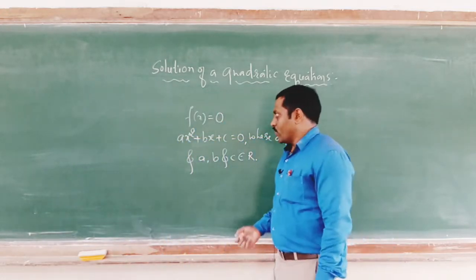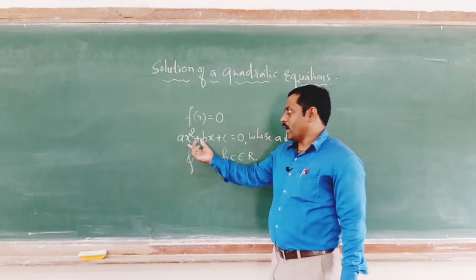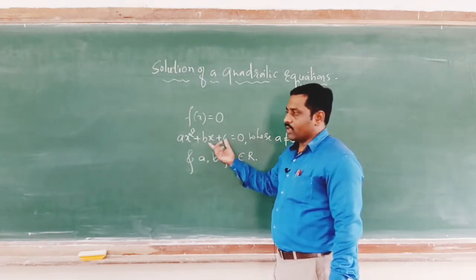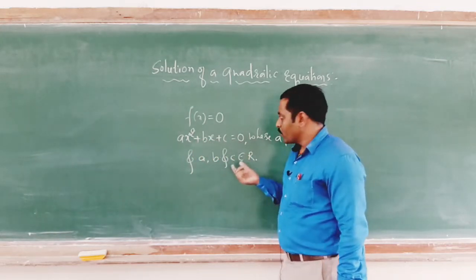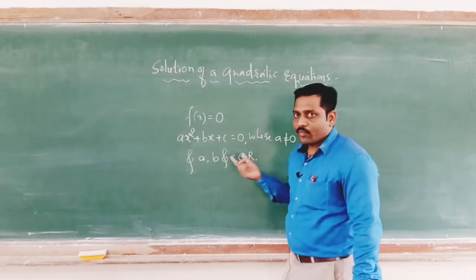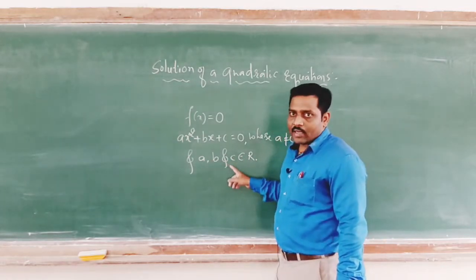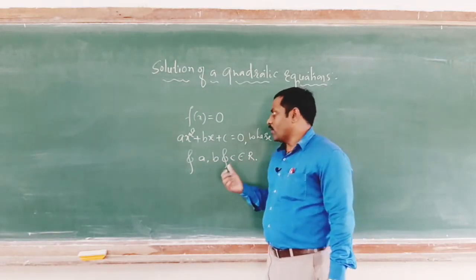A quadratic polynomial ax square plus bx plus c is equal to 0, where a is not equal to 0, and a, b and c are real numbers.